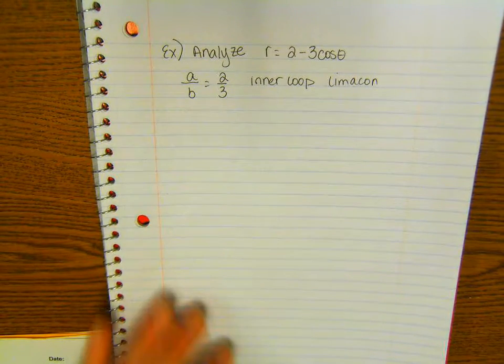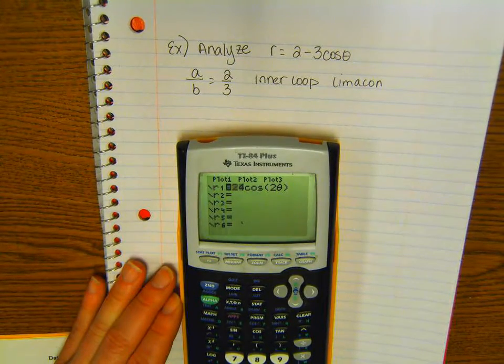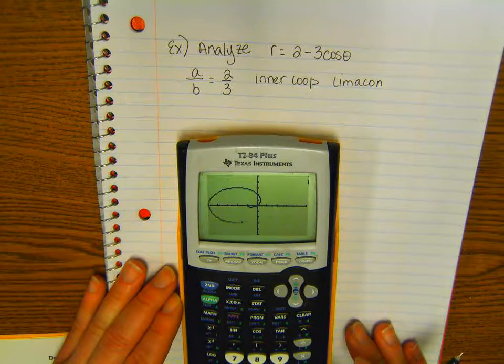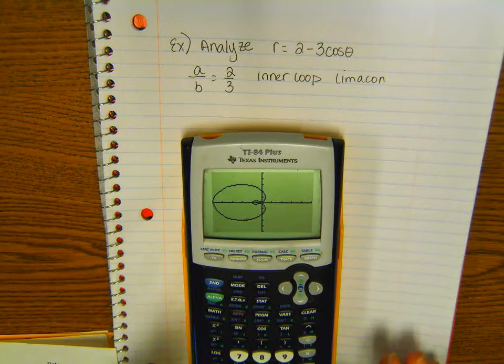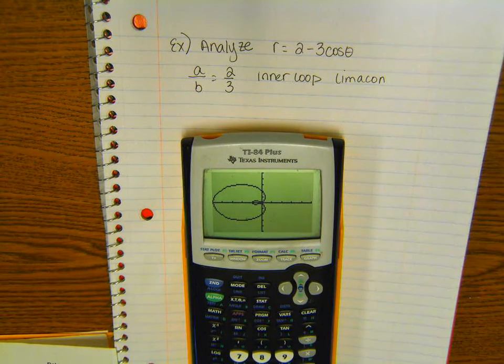All right, let's take a look. Okay, so there it is. It's an inner loop. Let's take a look then. We're going to use our reference sheet to help us. What is the domain of this?